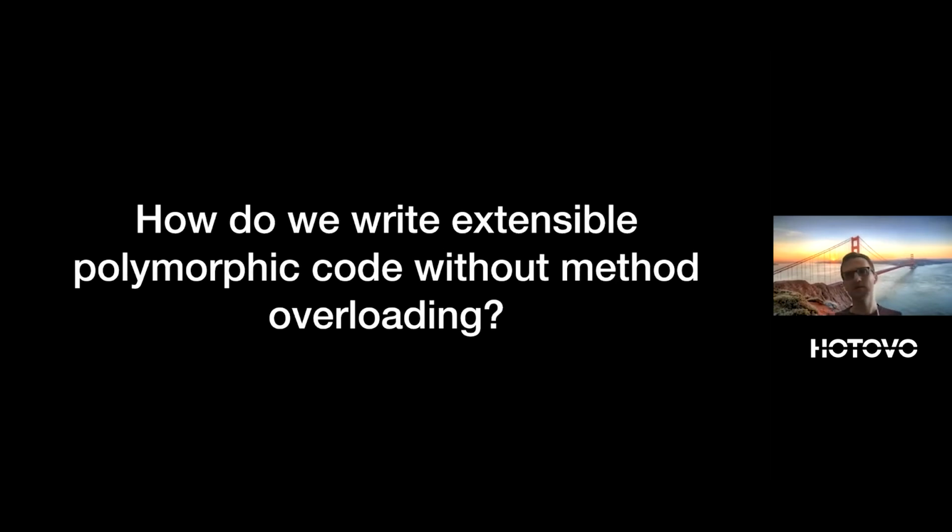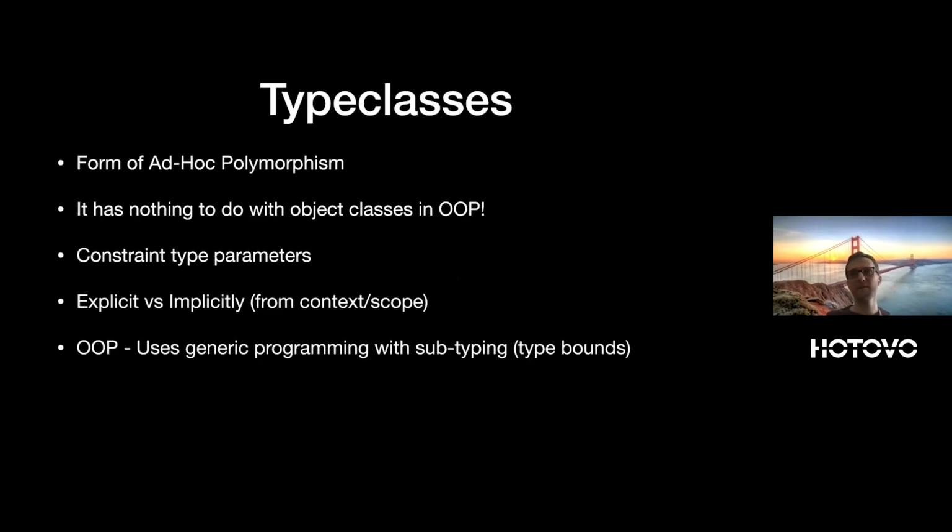Now, the question is, how do we write extensible polymorphic code without method overloading? And it's quite cumbersome to do so. And the answer is a type class. Now, this is not something that object-oriented people come across, and it's not easy to grasp because the term class itself is confusing here, since we are not talking about object classes in object-oriented programming.